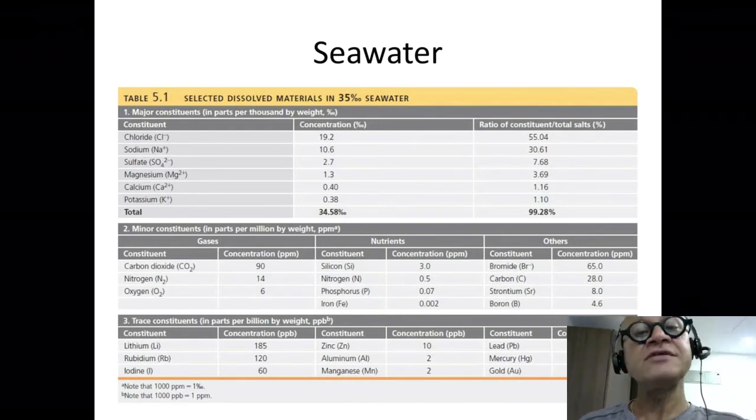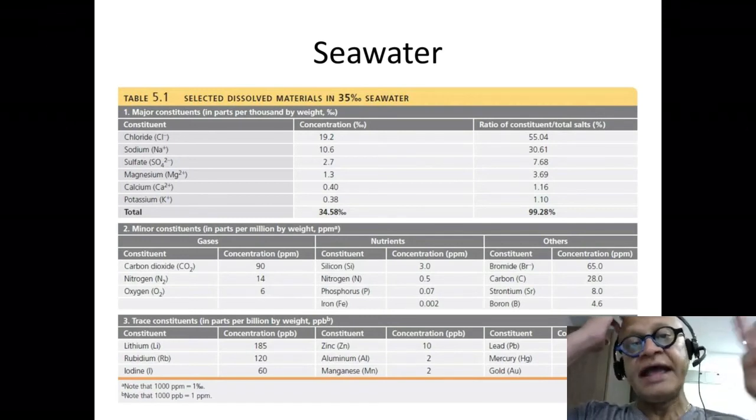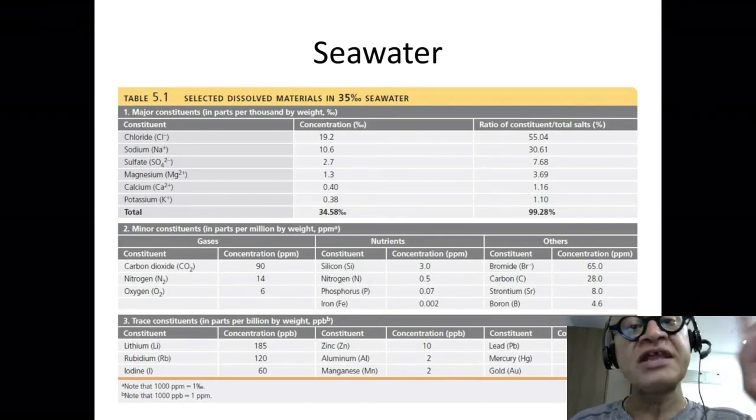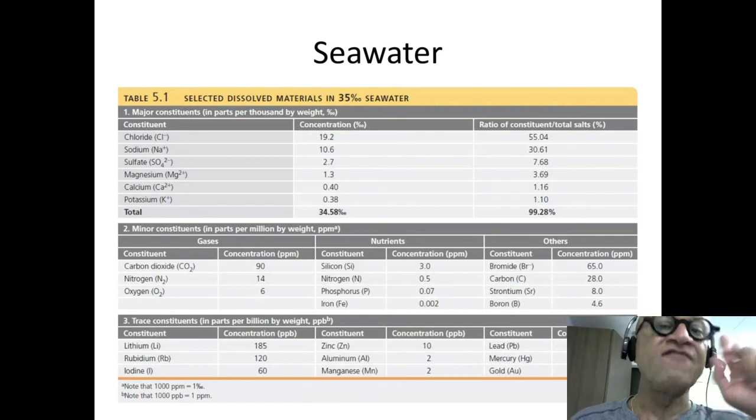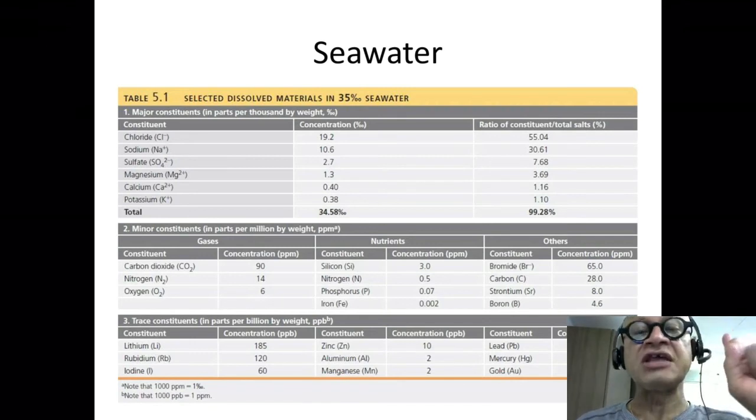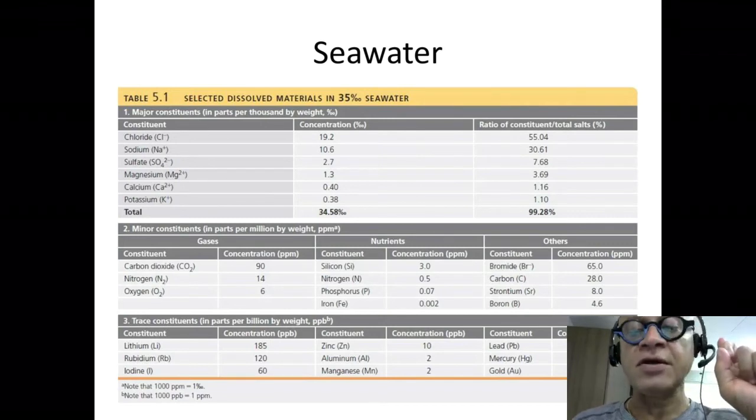On the other hand, the atmosphere has so much nitrogen, 79%, but in the ocean it is a trace element, and nitrogen and its forms like nitrate are important nutrients for various species of phytoplankton and other things that live in the ocean. So it's a valuable constituent of ocean water.